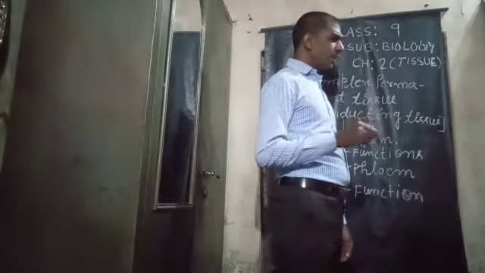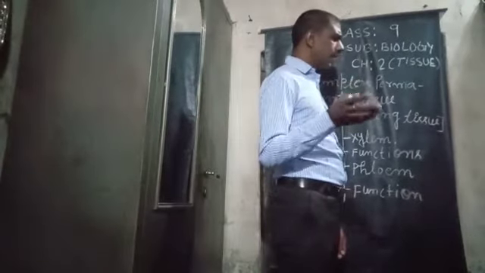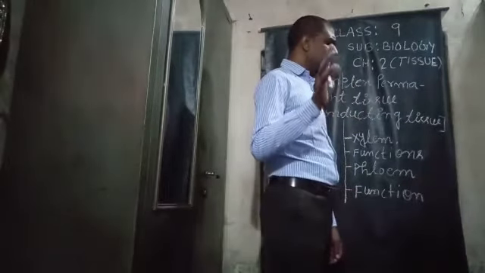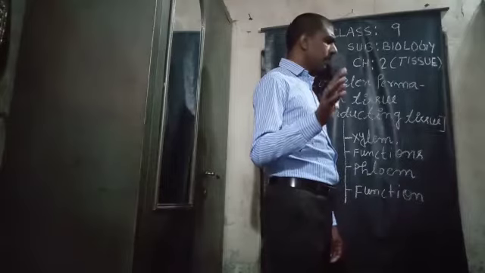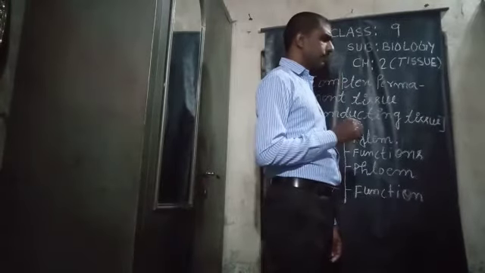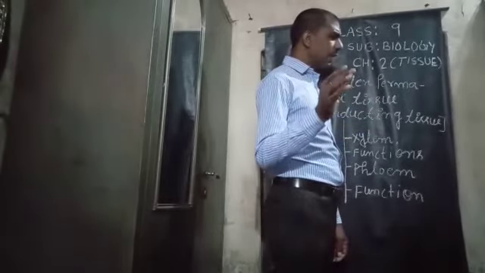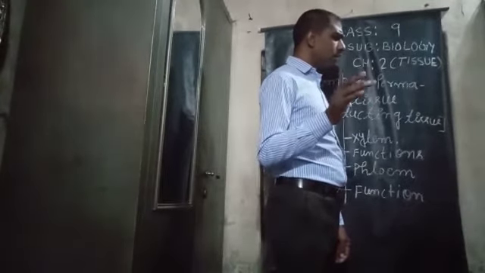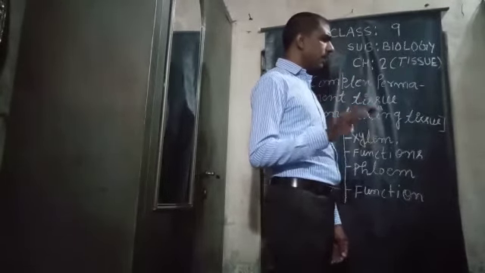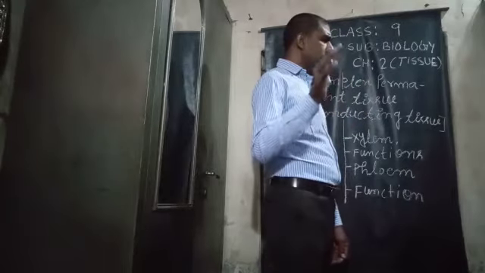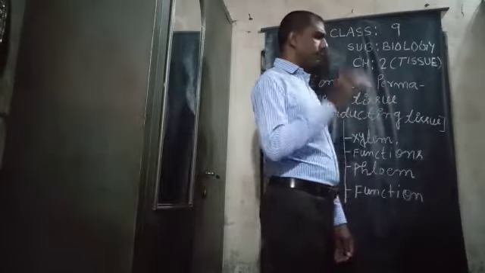At maturity, the sieve tubes lose their nucleus to make space for the nutrients to move through the stem.